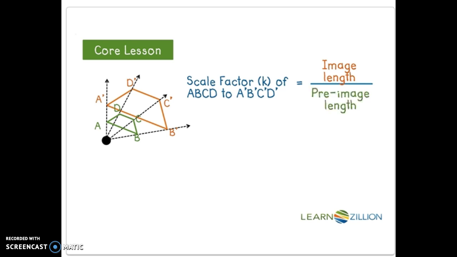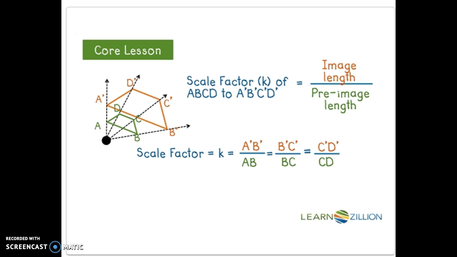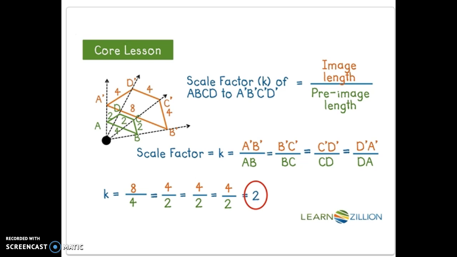K is equal to A prime B prime divided by AB, equaling B prime C prime divided by BC, equaling C prime D prime divided by CD, equaling D prime A prime divided by DA. If we look at the side lengths, K is equal to 8 divided by 4, equals 4 divided by 2, equals 4 divided by 2, equals 4 divided by 2, and they all simplify to 2. Therefore, our scale factor is 2.